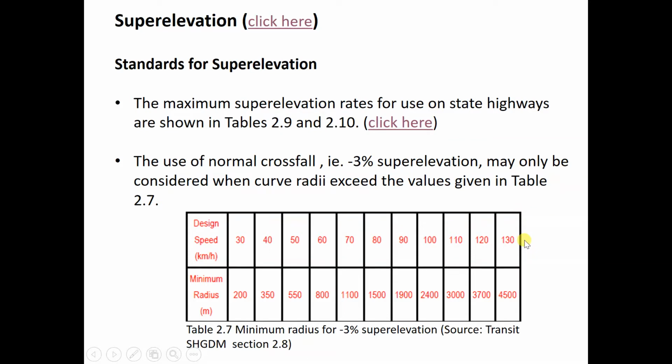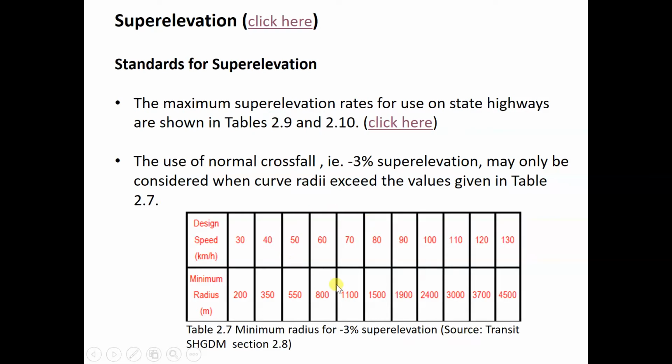What does 3% mean? 3% is 1 divided by 33.33. So that means one vertical to 33.33 horizontal. 1 divided by 33.33 times 100 gives us the 3%.